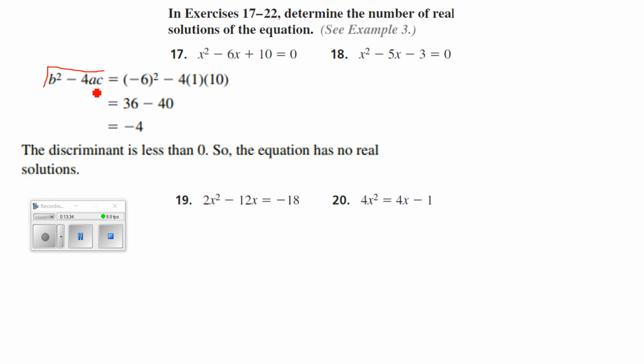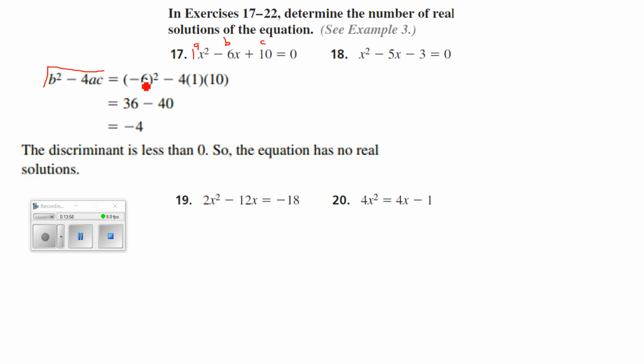I'm going to solve this first. Remember, b is going to be negative 6. 1 will be a, and 10 will be c. So in here, this is going to be negative 6 squared minus 4 times 1 times 10.